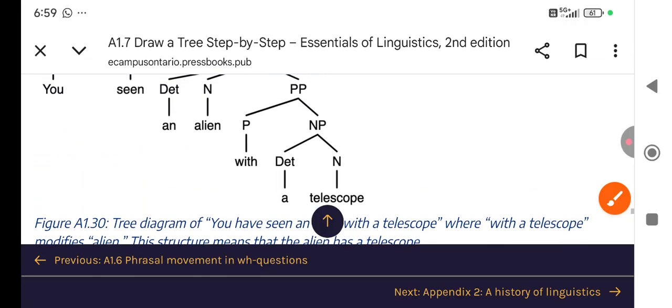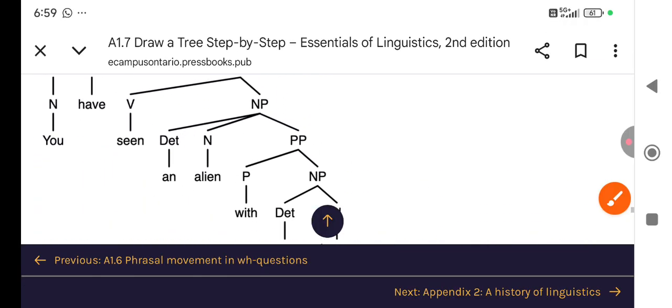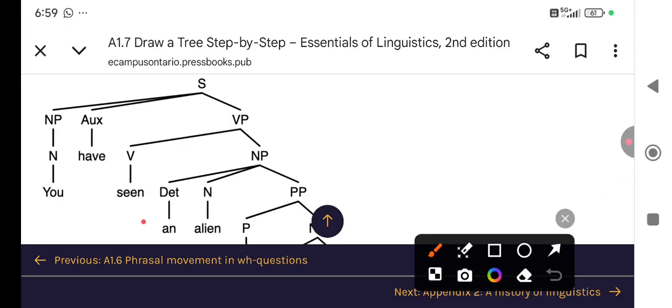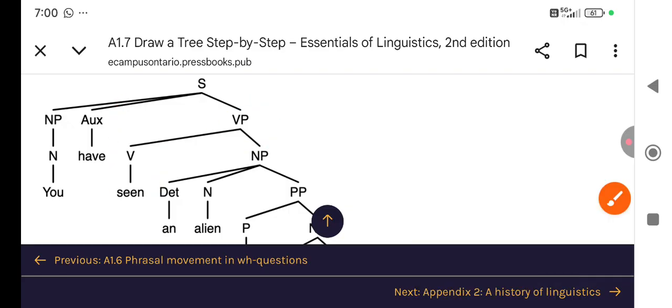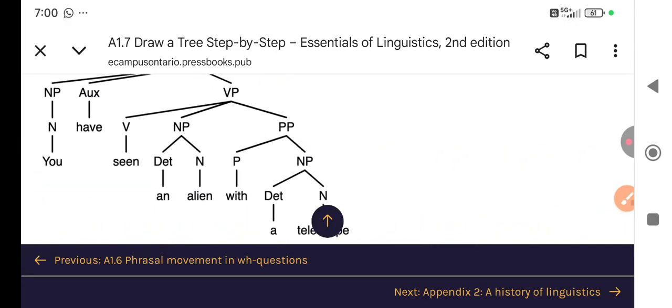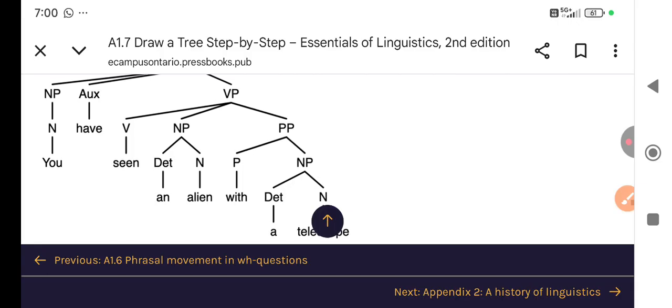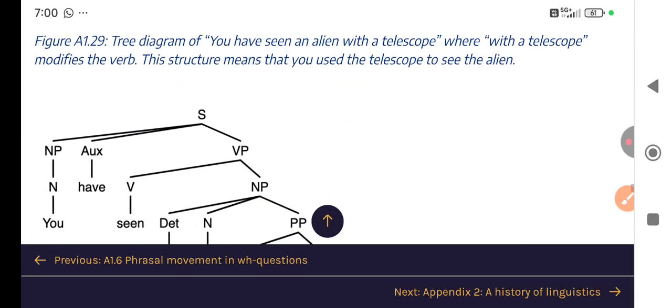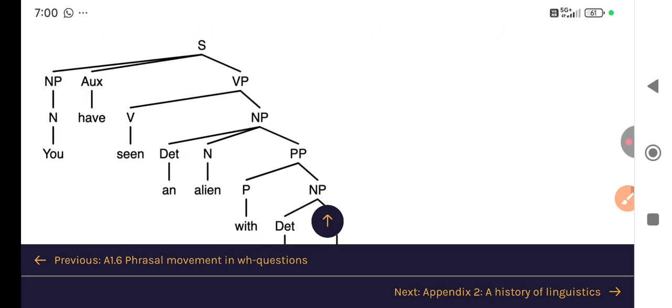So that analysis will be changed. Here, you have seen. Then seen, right?